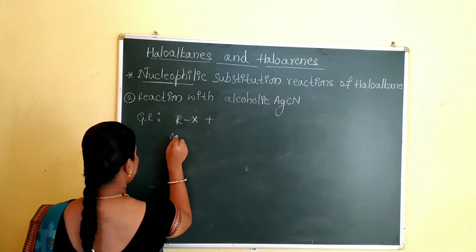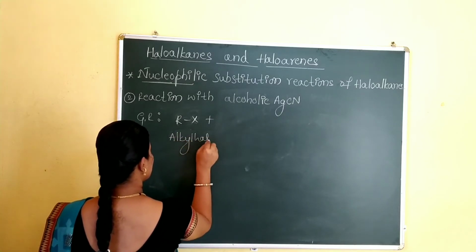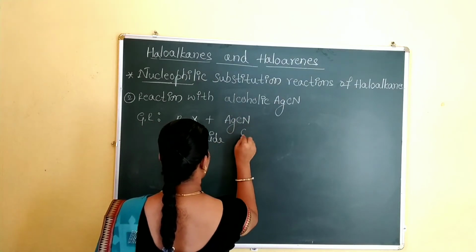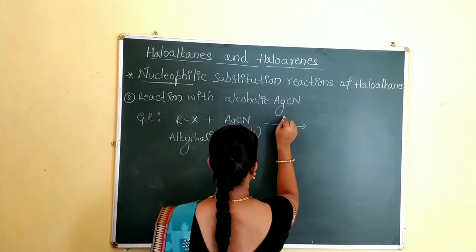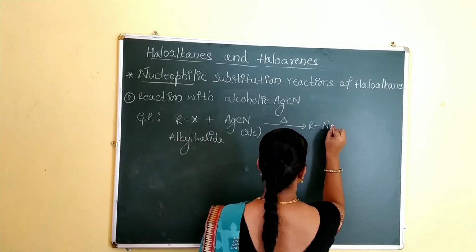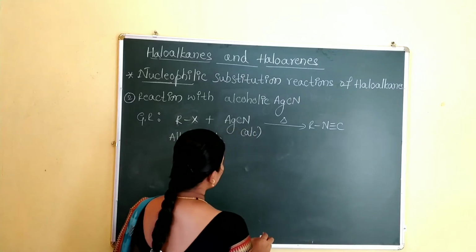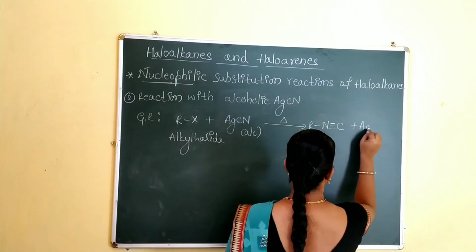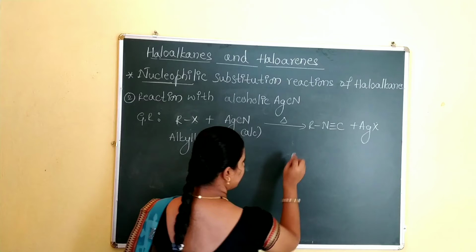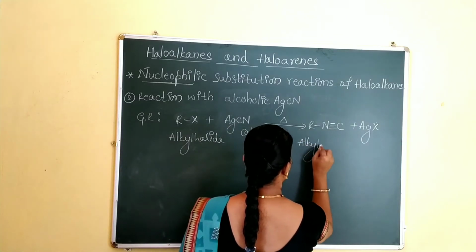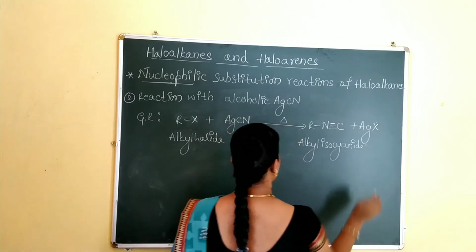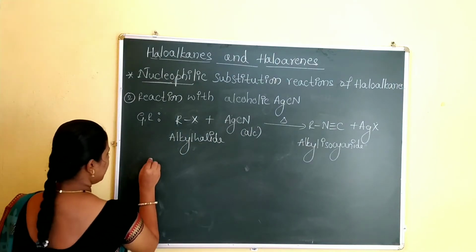When an alkyl halide is heated with alcoholic AgCN, alkyl isocyanides are formed, with N triple bond C. Alkyl halide plus AgCN gives product plus AgX. Alkyl isocyanides are formed.